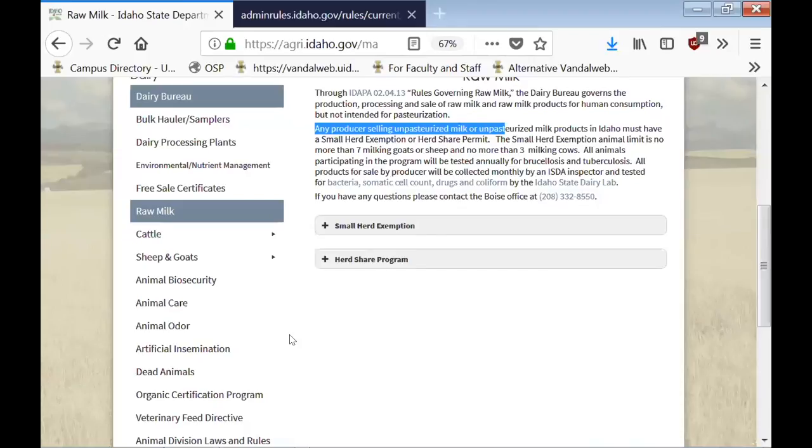It's a test that is not hard to pass, although occasionally, and sometimes it's time of year related or time of lactation related, you won't pass, but it's not a difficult test generally to pass if you're up on cleanliness and general care at your place and with your animals.